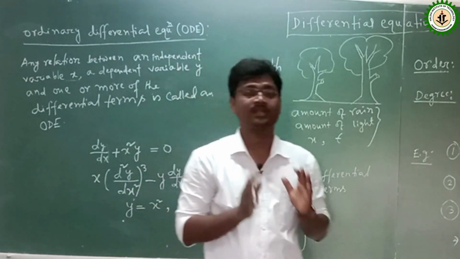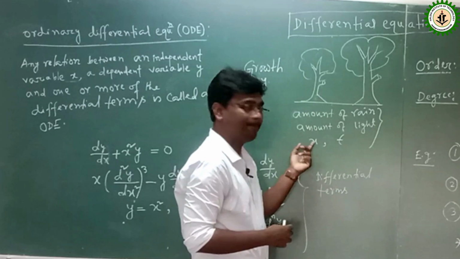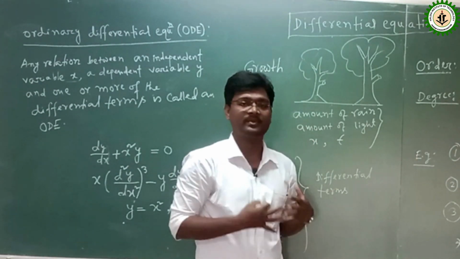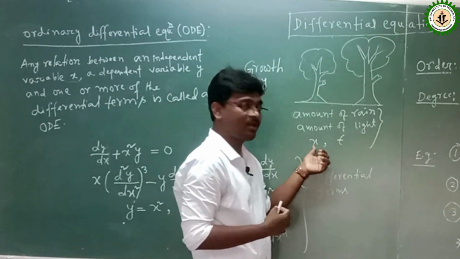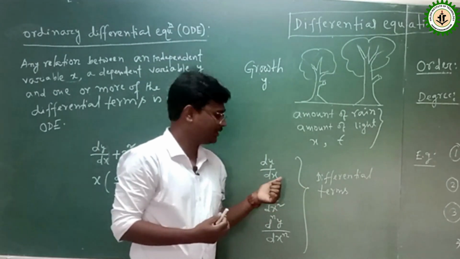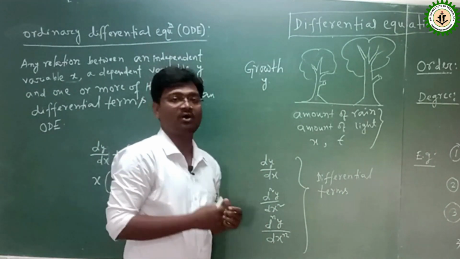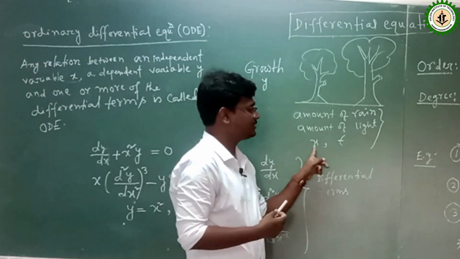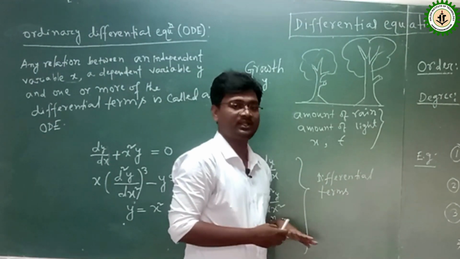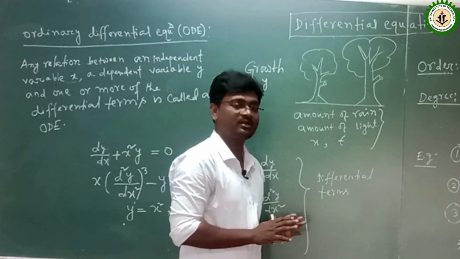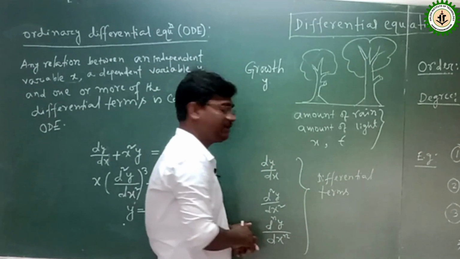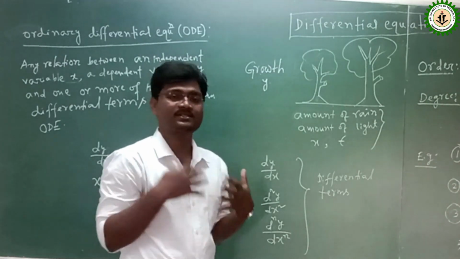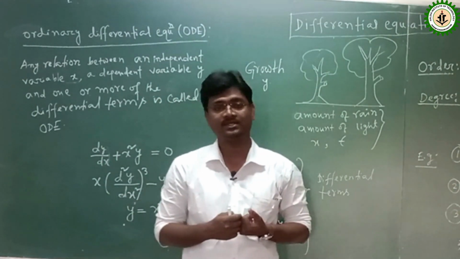What is an ordinary differential equation? When the number of independent variables is only one, then the differential equation is called an ordinary differential equation. But if the number of independent variables is more than one, then the differential equation is called a partial differential equation. So what is an ordinary differential equation?